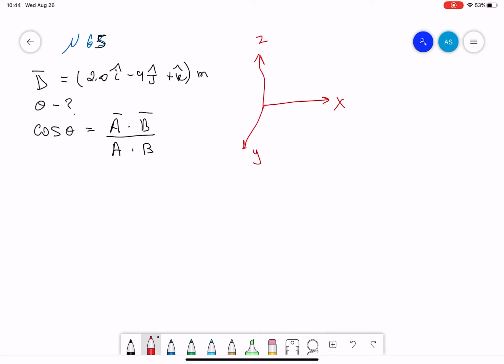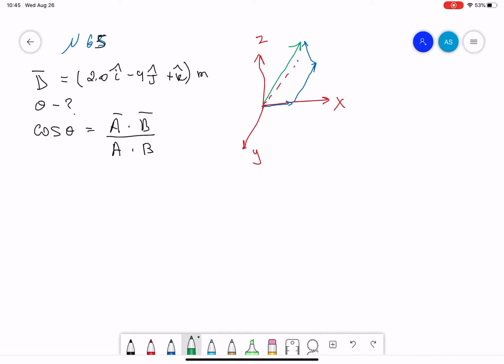Suppose your vector is 2, then minus 4, then plus k. That means your resultant vector is somewhere here.